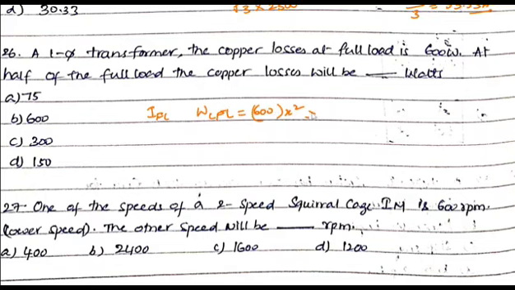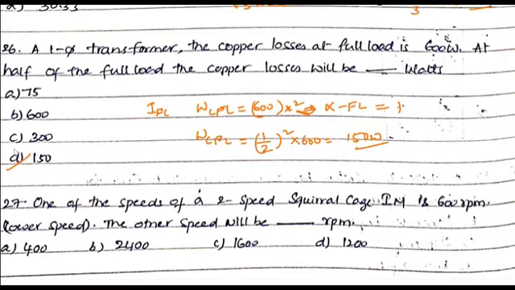So let's say full load means x is equal to 1. Now WC at half of the full load means (1 by 2) whole square into 600. So it is 150 watts here. So the answer will be D here.